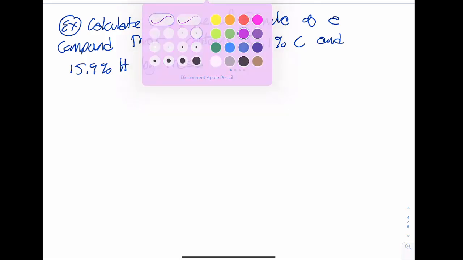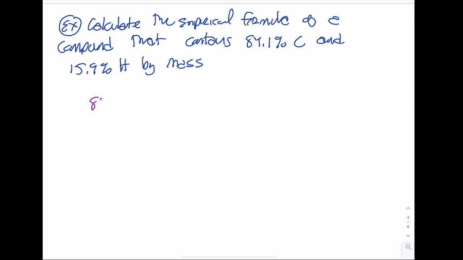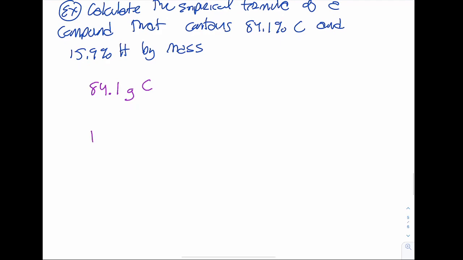So our first step, I know that if I have 84.1% and I assume a 100 gram sample, I have 84.1 grams of carbon. I know that if I have a 100 gram sample and 15.9% of it is hydrogen, I have 15.9 grams of hydrogen.